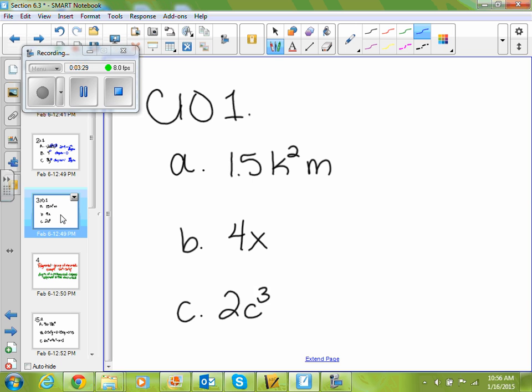If I look at a few more of those, checking out 1a, I have 1.5k squared m, with nothing on the m, but that actually means m to the first. So to find my degree, I add up my exponents. 2 plus 1 gives me 3. So this is a third degree monomial.